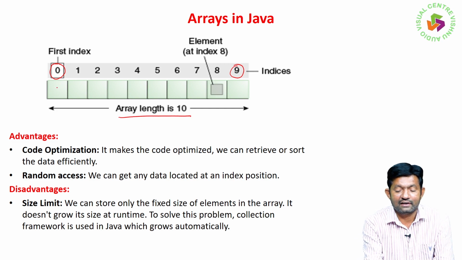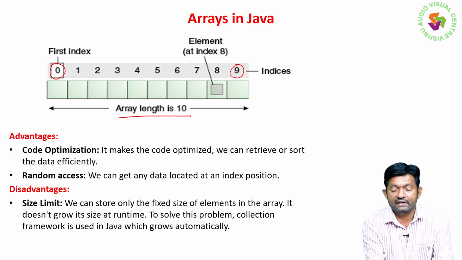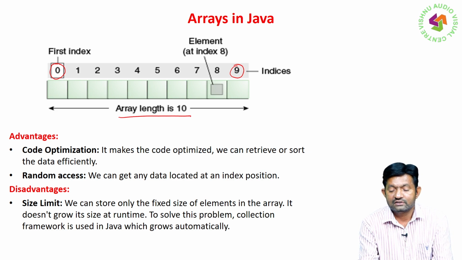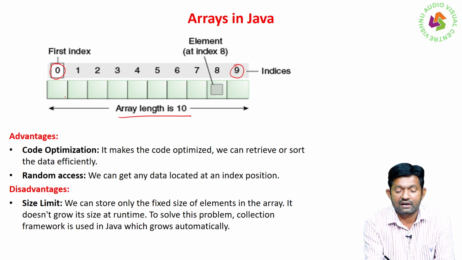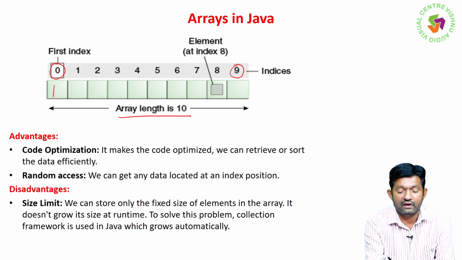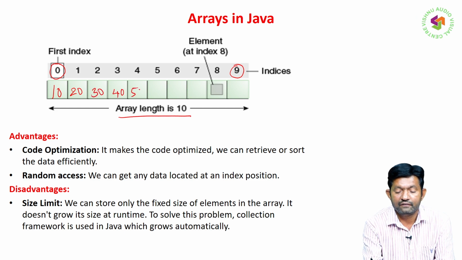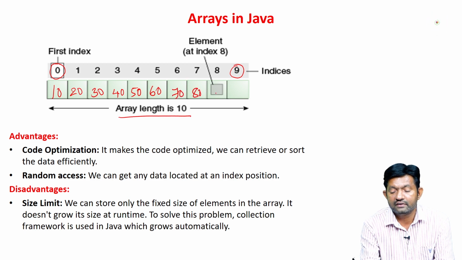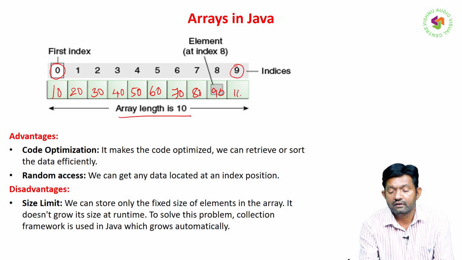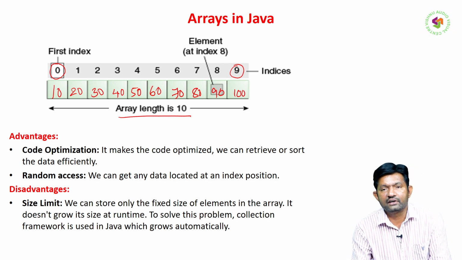Now, since the length is 10, we can add elements starting from the first index. The values are 10, 20, 30, 40, 50, 60, 70, 80, 90, 100. An array is a contiguous memory allocation of similar data types.